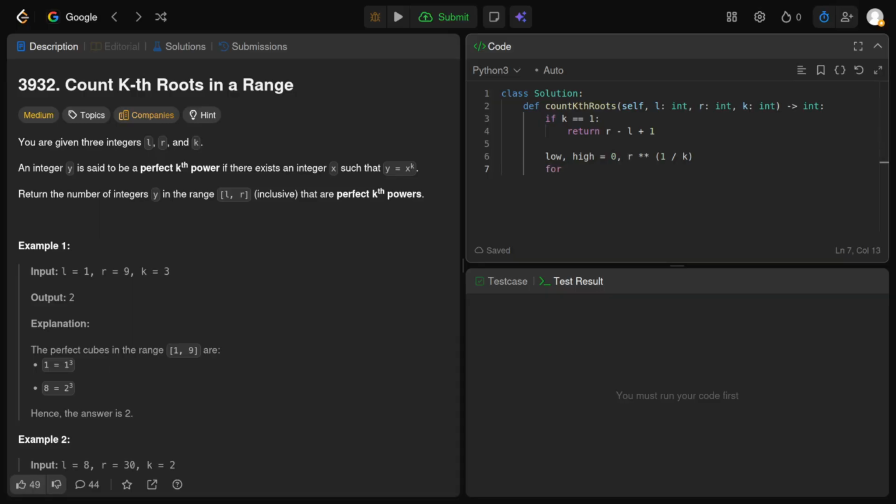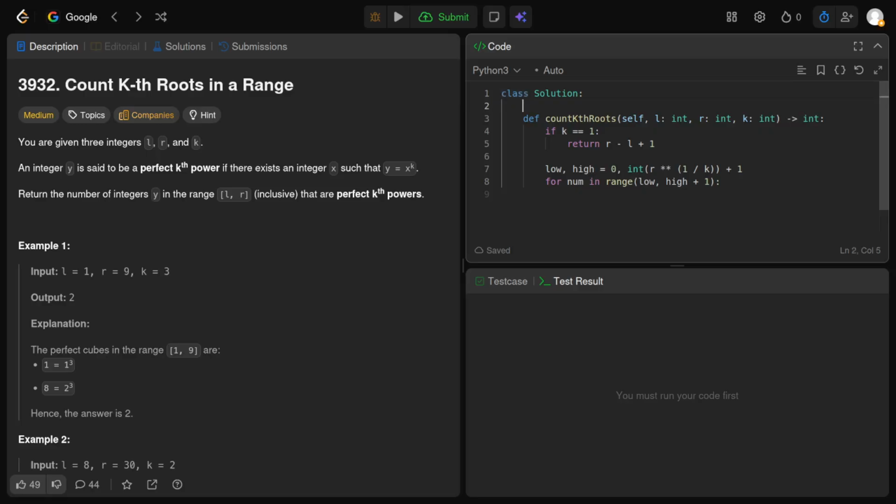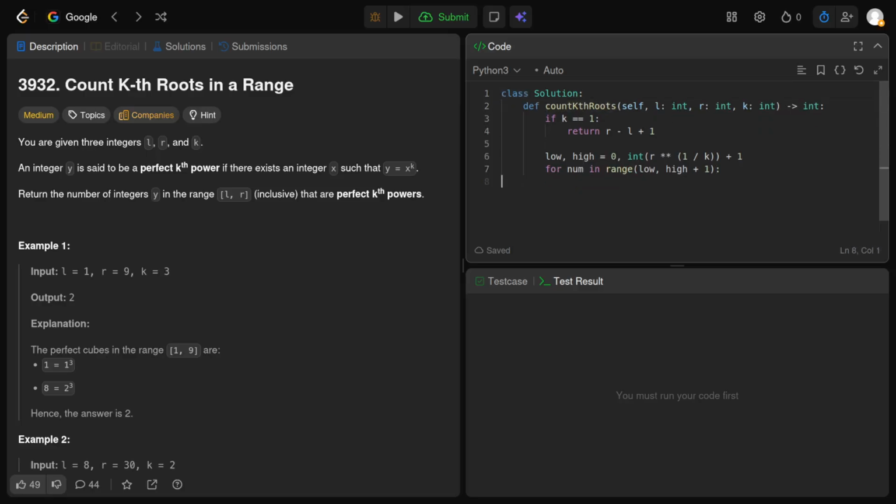And then for num in range low, high plus 1 inclusive, and it's not int, so let's take int and plus 1 for rounding. For each number we can do binary exponentiation, why not, or we can compare two solutions.